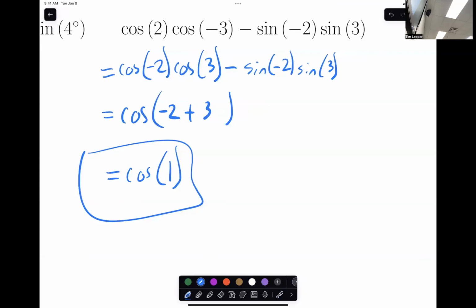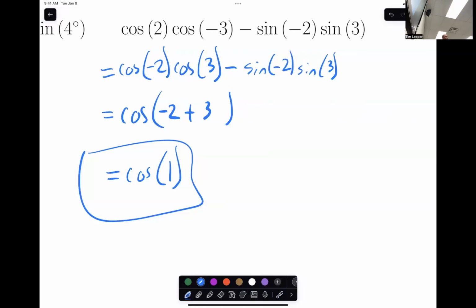It's 0.54, and so on. This is an irrational number, and that is the exact value of it: cosine of 1 is the cosine of 1. Because we don't have a special angle here, there's no way to simplify this any further, so we might as well just leave it as cosine of 1.